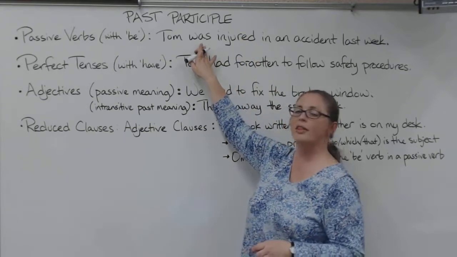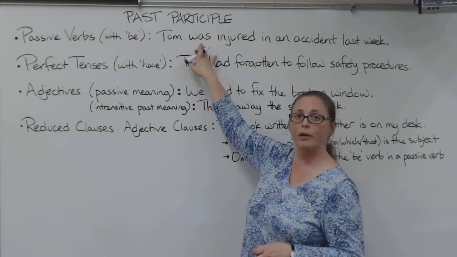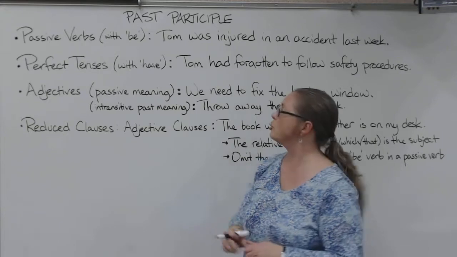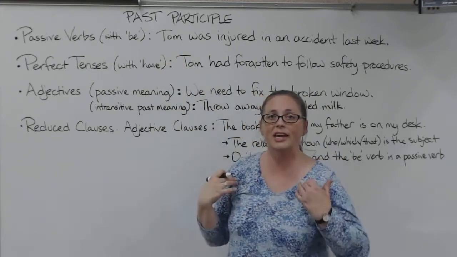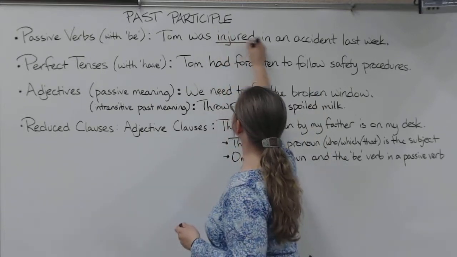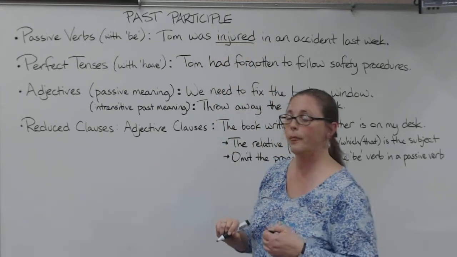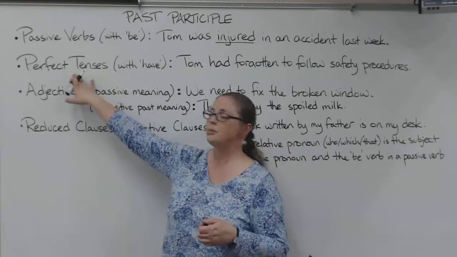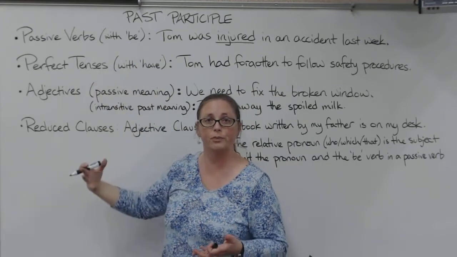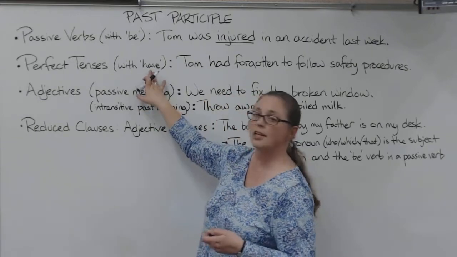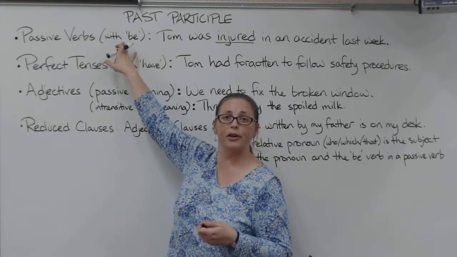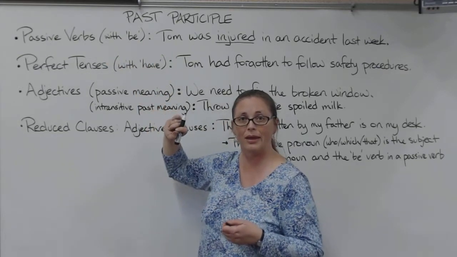This is using the be verb, was, and the past participle, injured, to show that Tom received the injury in the accident. Here's our past participle. We can also use past participles in perfect tenses, perfect verbs. This uses the auxiliary verb have, which makes it totally different from the passive with be.